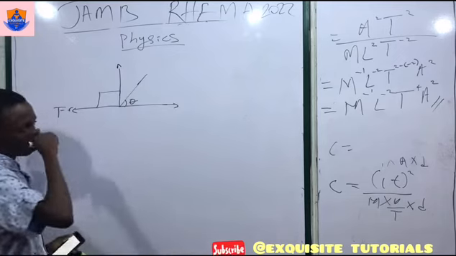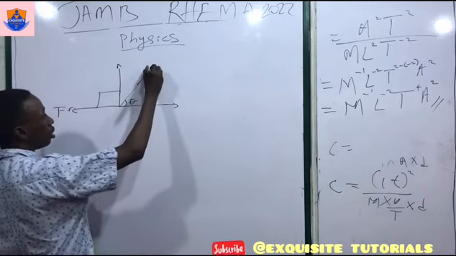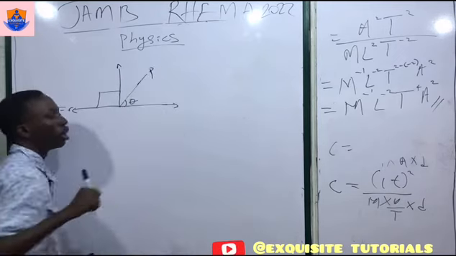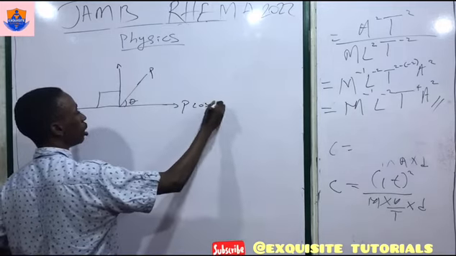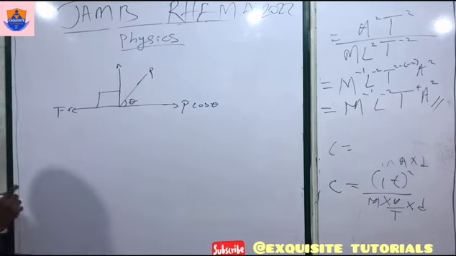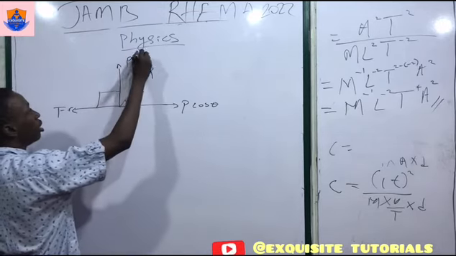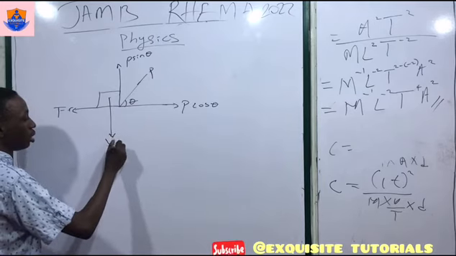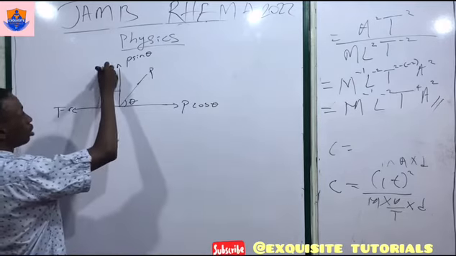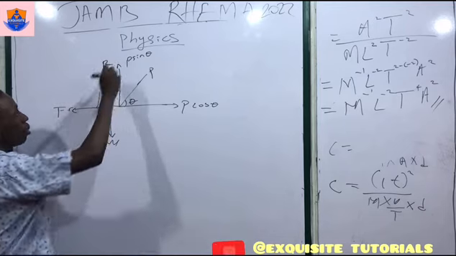The pulling force is P, so the force in the horizontal direction becomes P cos theta, while the force in the vertical direction becomes P sin theta. Now, the weight comes down, while the normal force goes up.